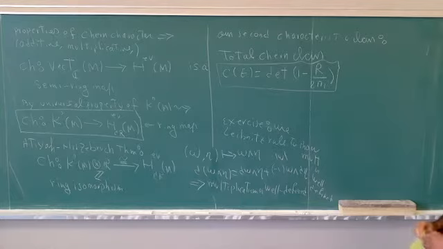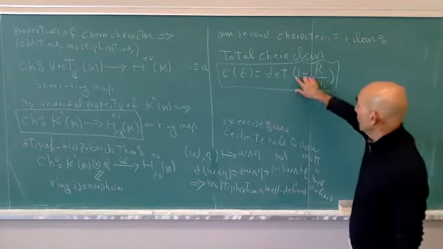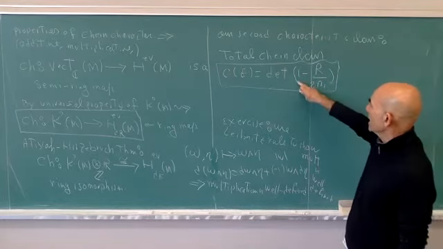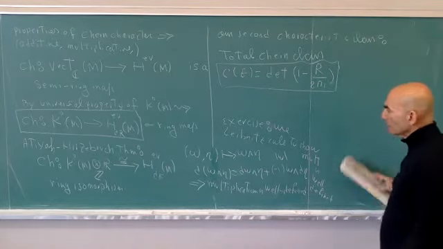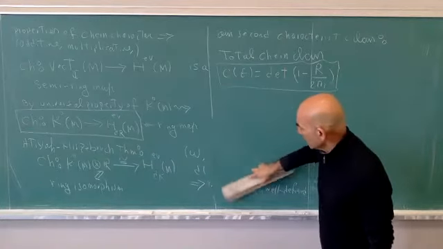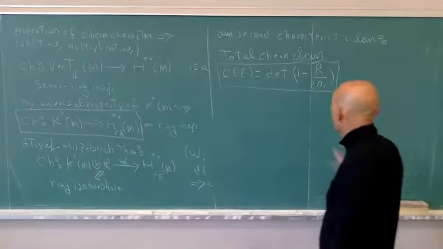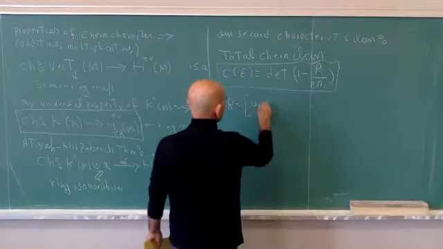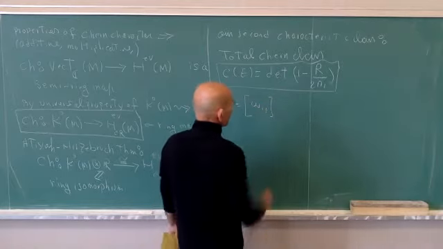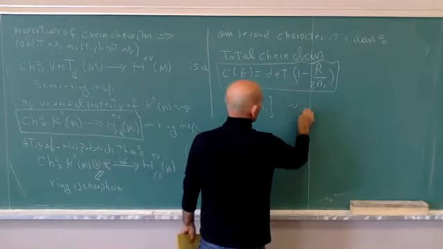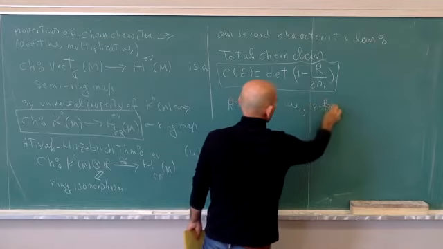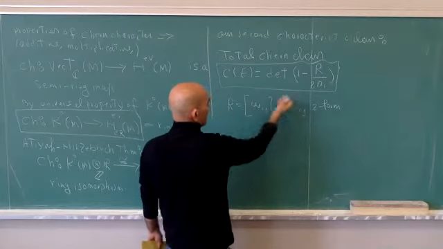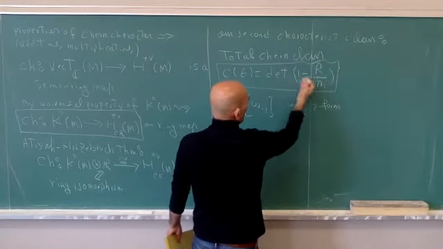So when you think about it, first of all, you have to unpack this definition and understand what it means. I told you that if you go to local coordinates, R is just a matrix of two forms, so R_ij are two forms. These two forms commute, so this is a determinant of elements from a commutative ring.